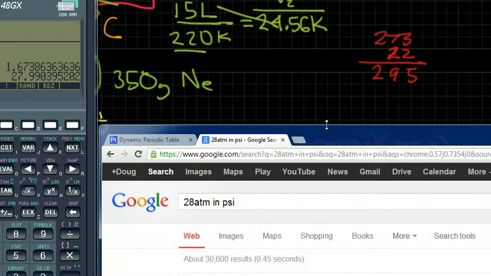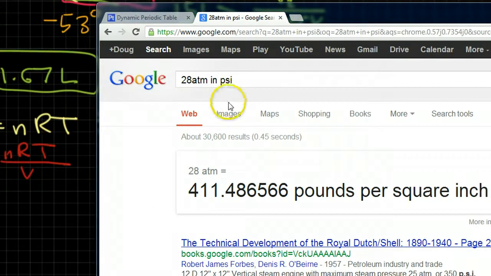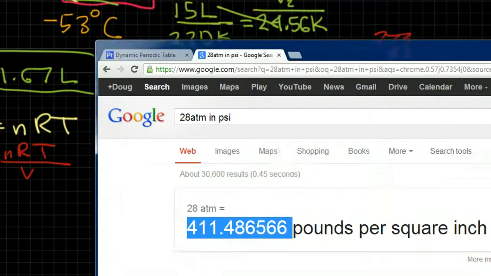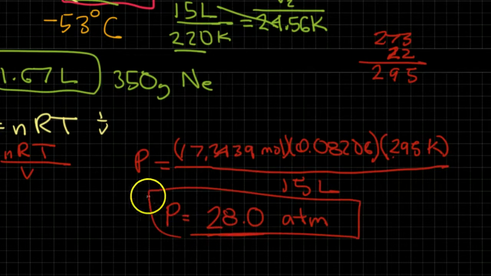So if you can imagine, to bring that 15-liter canister inside to room temperature from where it was, 411 pounds per square inch. That would probably crush you, and it probably would not stay in the container. So I don't recommend trying this unless you're a professional who has a really strong container. Thanks. Bye.